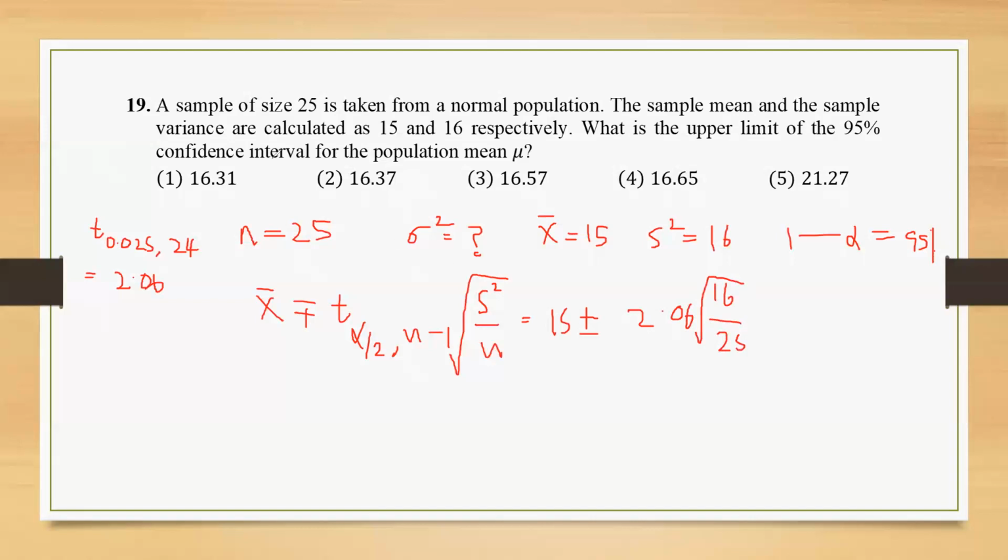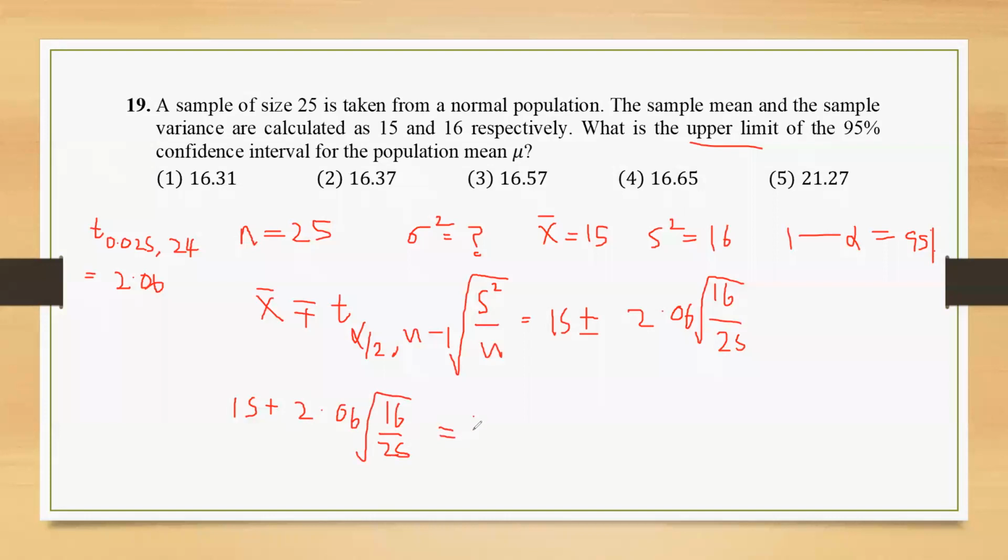Here they ask only for the upper limit, which means you just need to consider the plus, not the minus. So 15 plus 2.06 times the square root of 16 over 25.